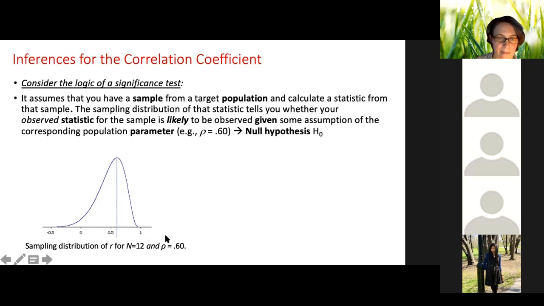So if we were to get a sample statistic of -0.3, like here, that would be highly unlikely if the true population parameter is 0.6, that we would get such a low number. However, if we get 0.8, that is much more likely overall.